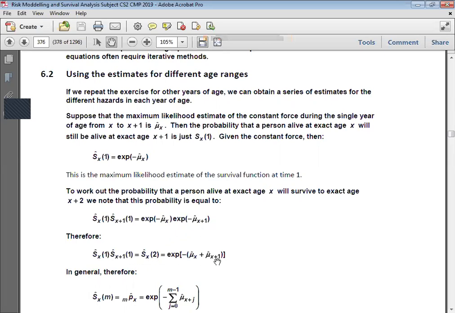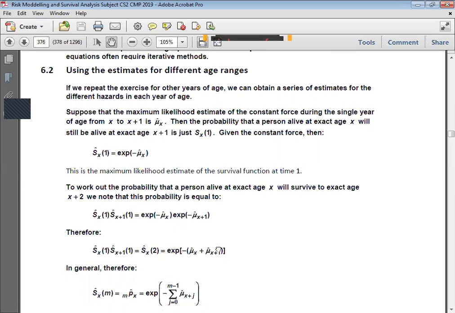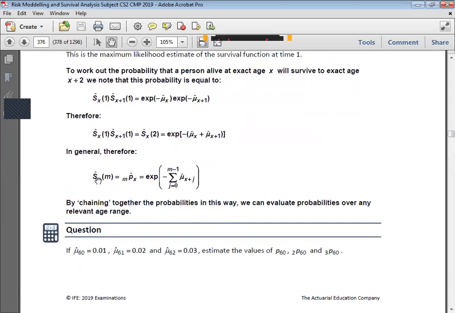And now if we just try to do that for each of these cases, this is e raised to minus a minus b, you will get e raised to minus of a plus b in the bracket. And that is why in general, if you have to figure this out for m duration in future of x, which is nothing but mp hat of x, so remember hat here, this is nothing but the expectation of, remember the minus here, the addition of everything from 0 to m minus 1 for these mu guys.